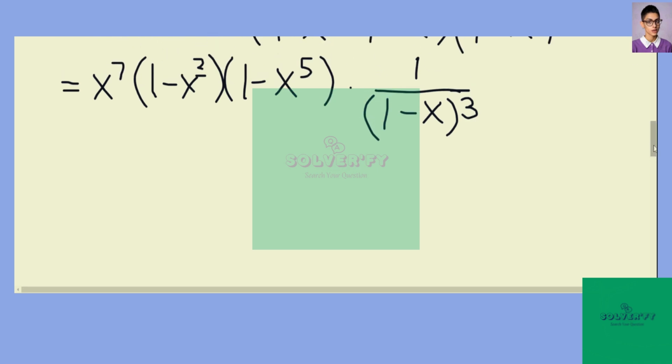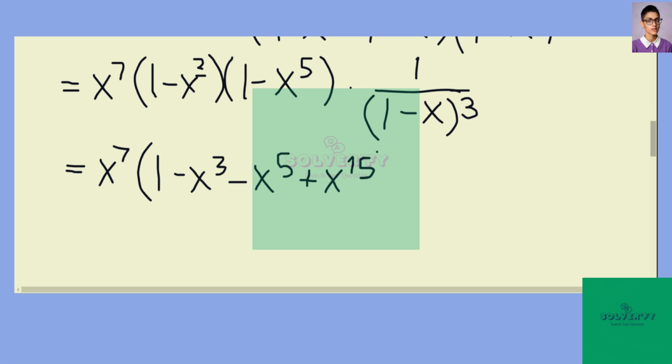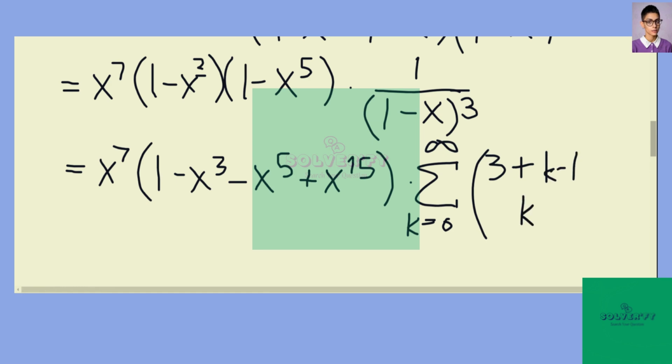And so we get x to the 7th times 1 minus x to the 5th minus x cubed plus x to the 15th times, and from a table in the book, this is the sum from k equals 0 to infinity of 3 plus k minus 1 choose k, times x to the k.